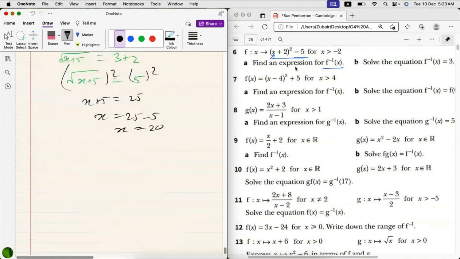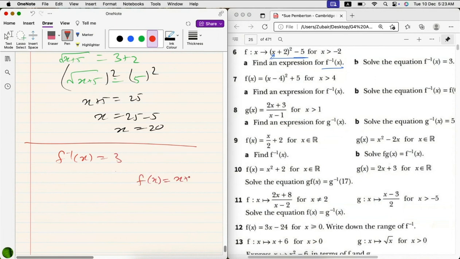So this question could have been: if that part was not there and the examiner said solve f inverse x is equal to 3, and I knew the original question was f of x is equal to x plus 2 whole square minus 5, I would substitute 3 in f of x to get the answer. In the inverse, it is opposite.